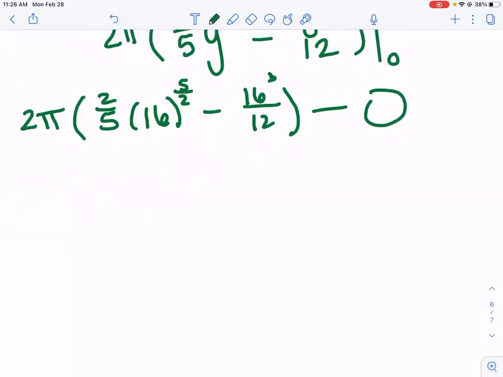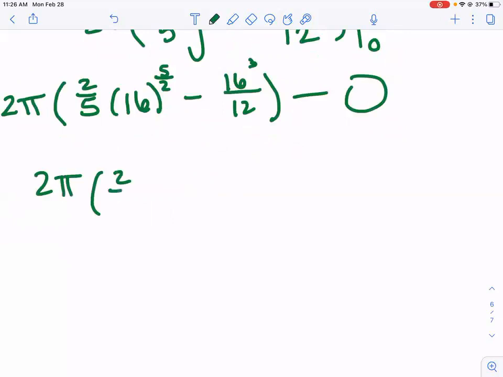Okay, so let's talk about 16 to the 5/2. We square root 16 and then put it to the 5th power. What's the square root of 16? 4 to the 5th power? Yeah. What's 16 cubed? 4096.